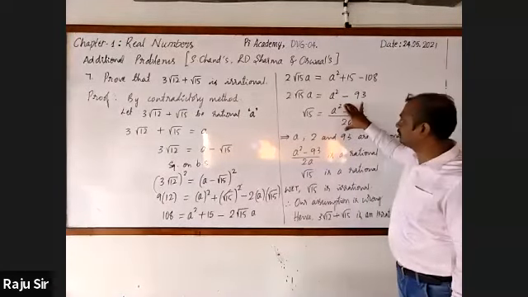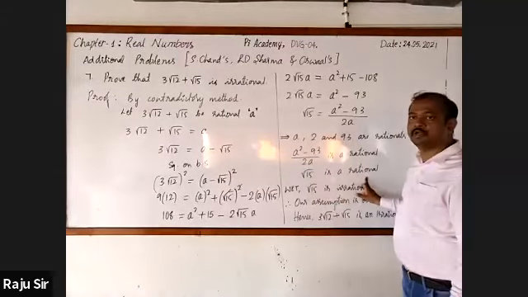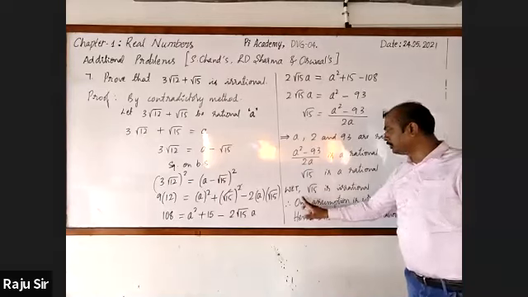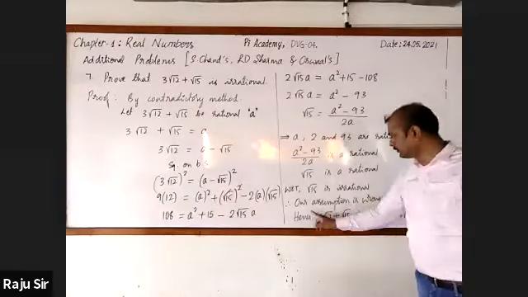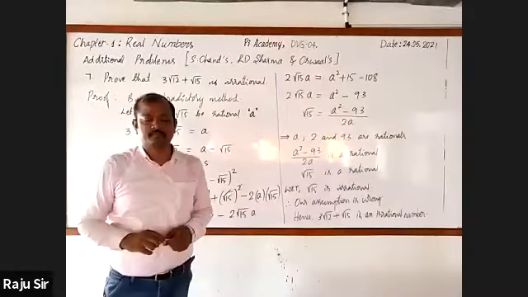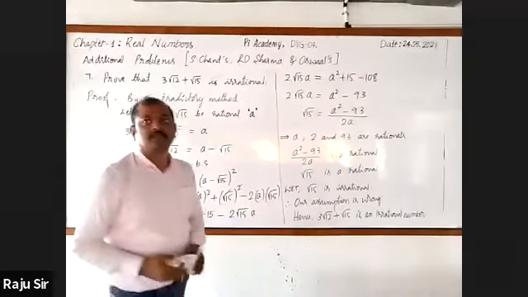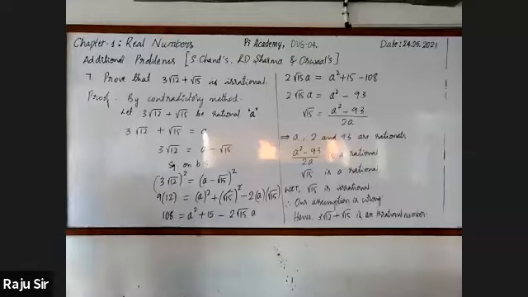Then this whole term will be rational. That is equal to root 15 is also rational. But we all know that root 15 is irrational. Therefore, our assumption is wrong. Hence, the given number is irrational. Got it? Yes, sir. Okay.